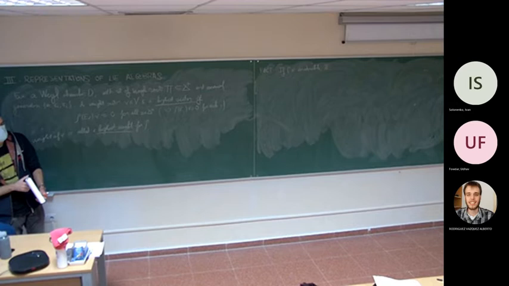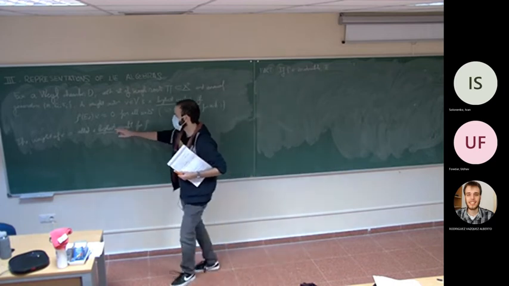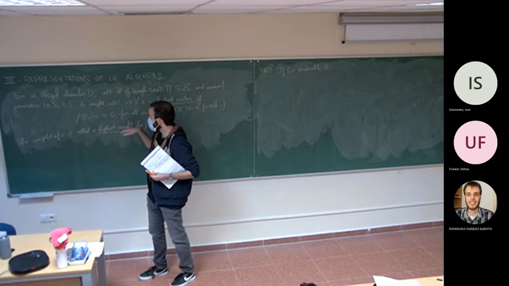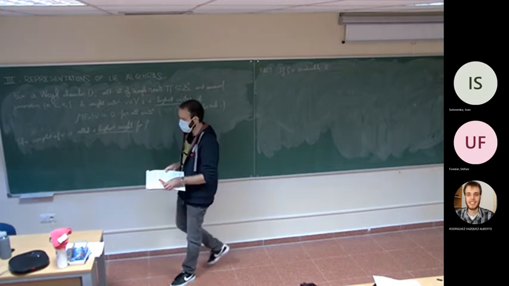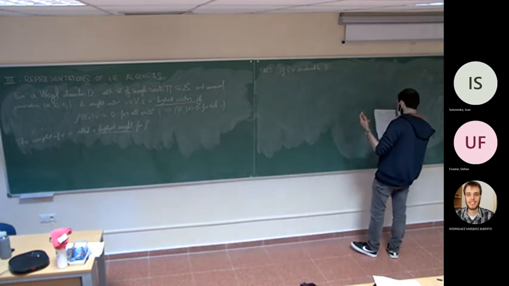As I said before, we said that a weight vector is a highest vector if the transformations induced by the E alpha send V to 0. And in that case, the weight associated to the vector V is called the highest weight. And these are unique in the irreducible case.